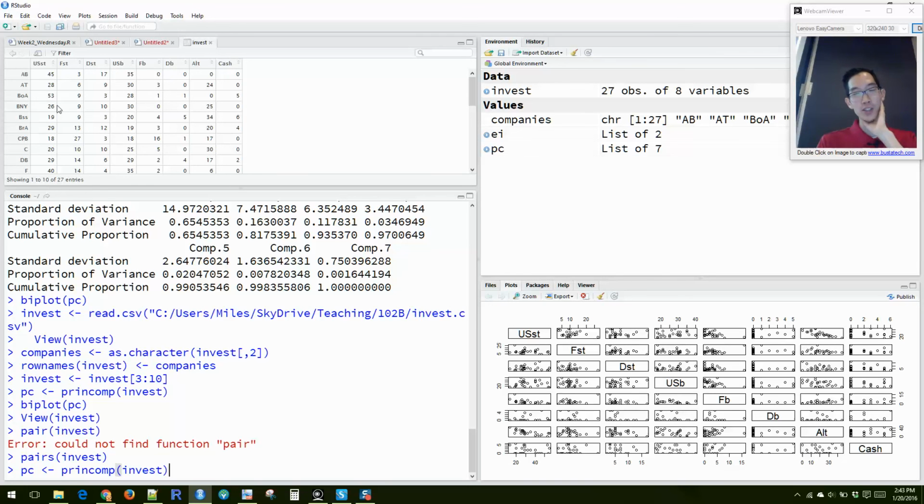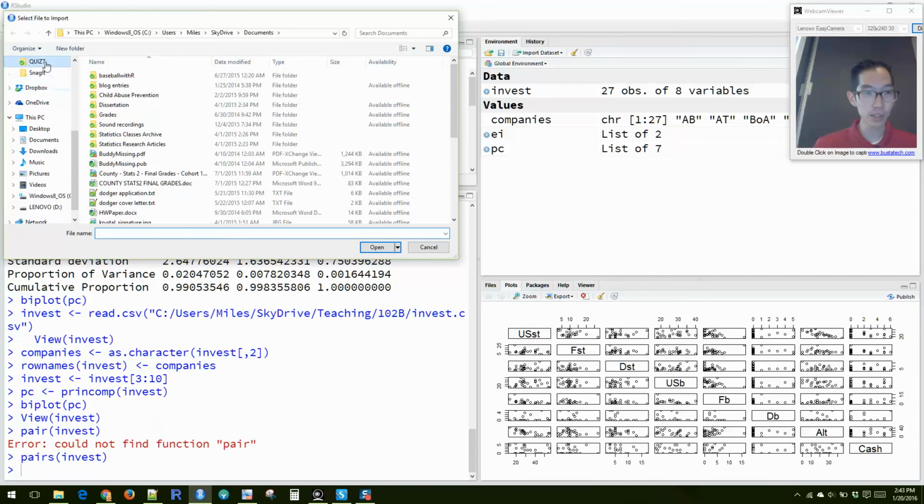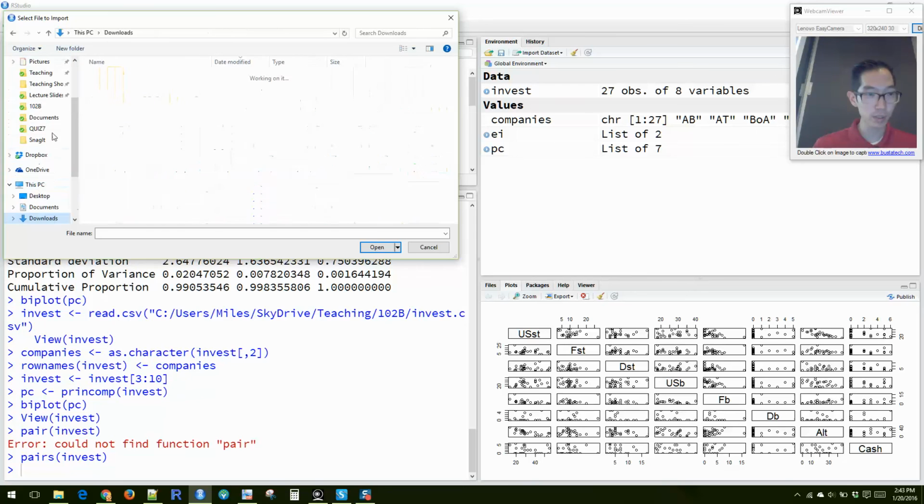So when you load the data, one of your columns will be the name of the company or the name of the bank, and another column will be abbreviations, which help out when we do the graphing. So you're going to want to change the row names. Here, actually, I'll demonstrate.